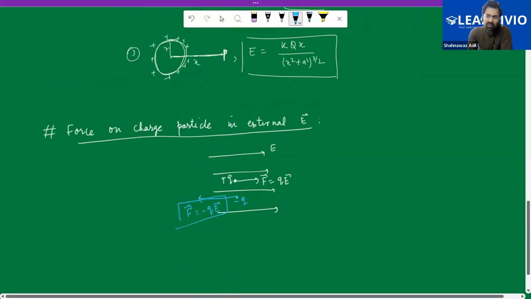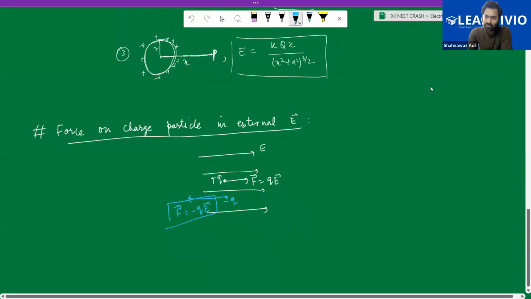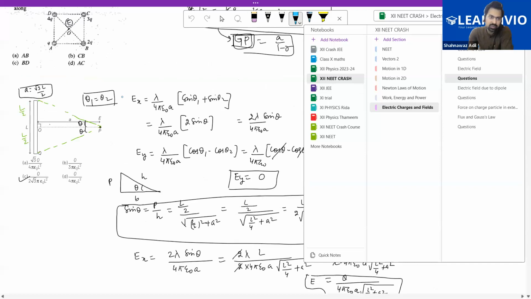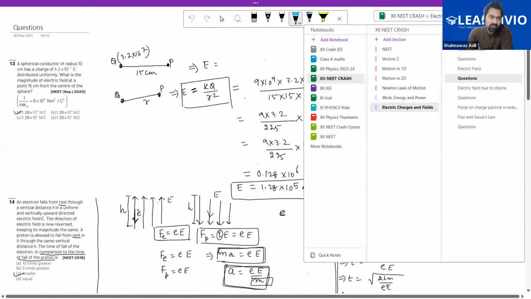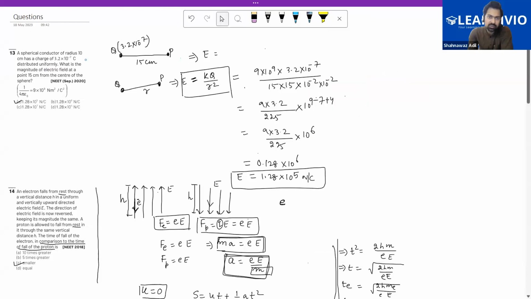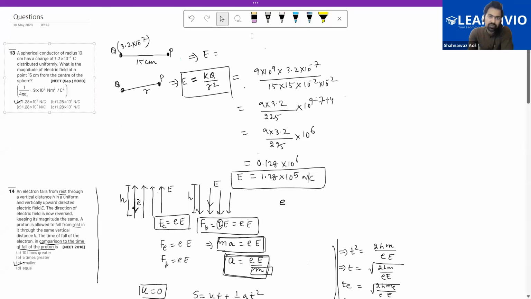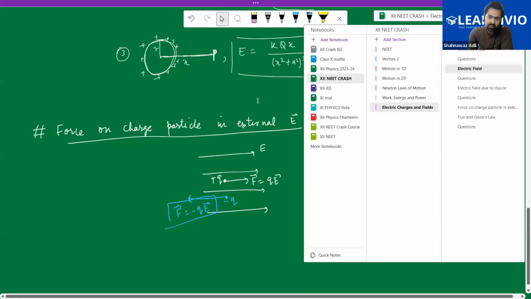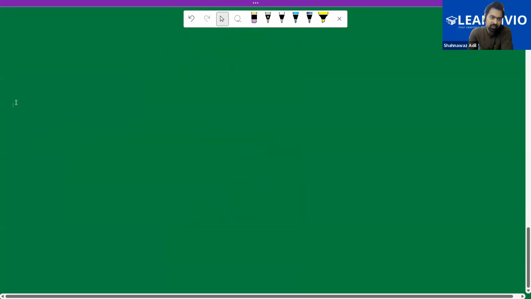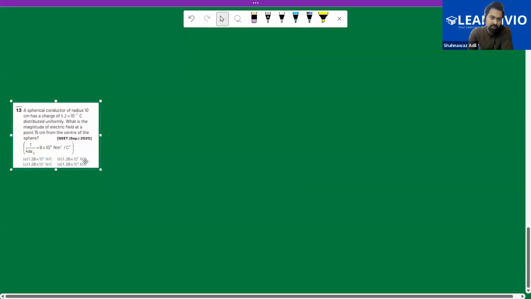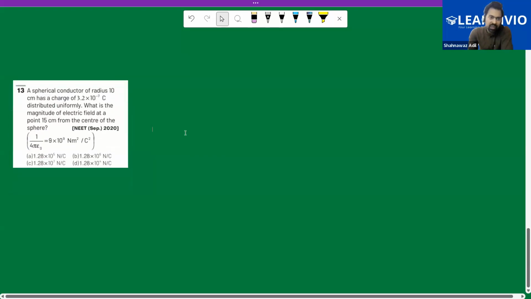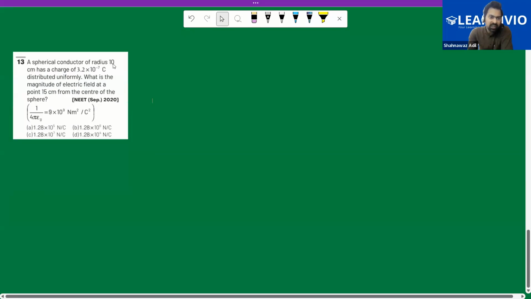So let's do some questions. A spherical conductor of radius 10 centimeter has a charge distributed uniformly.